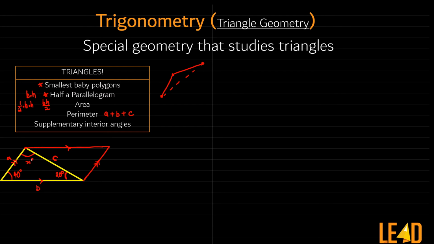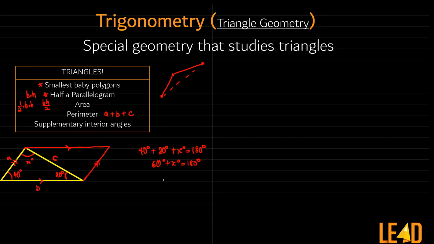Since we know they must add up to 180 degrees, we can make a math equation: 40 degrees plus 20 degrees plus x gives 180 degrees. 60 degrees plus x is 180 degrees.